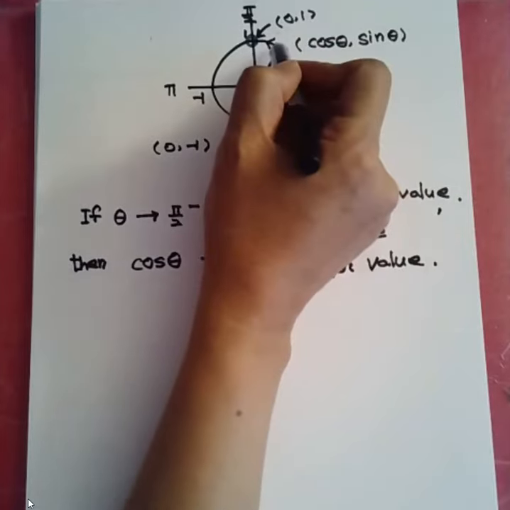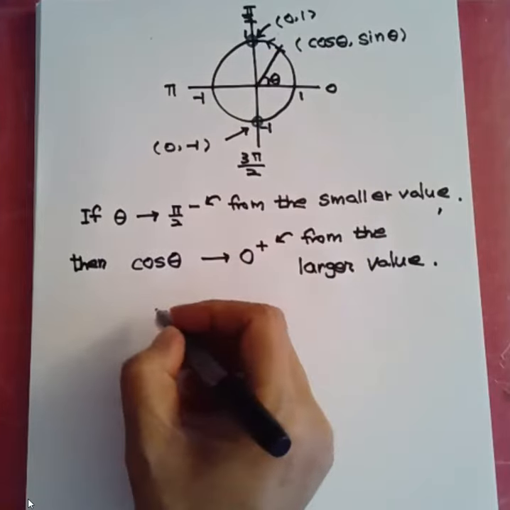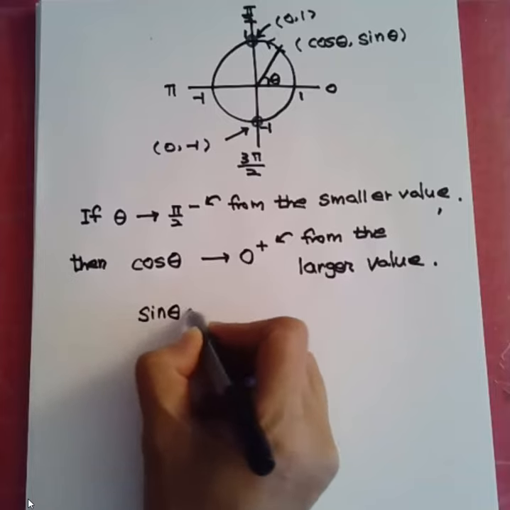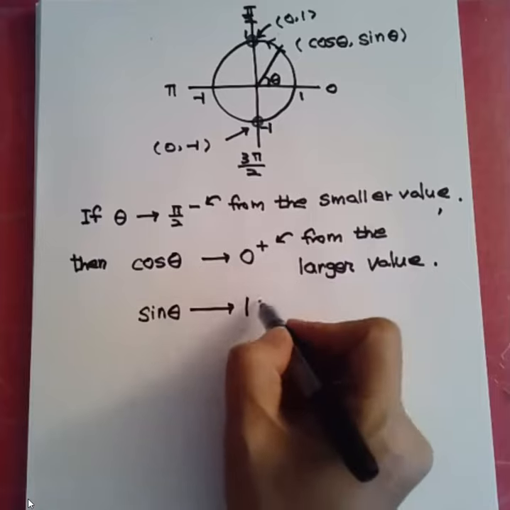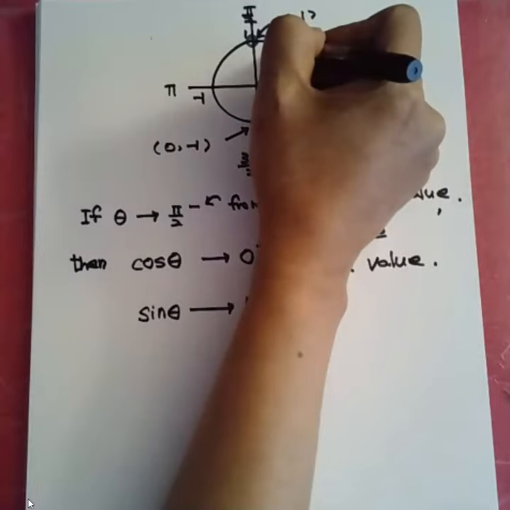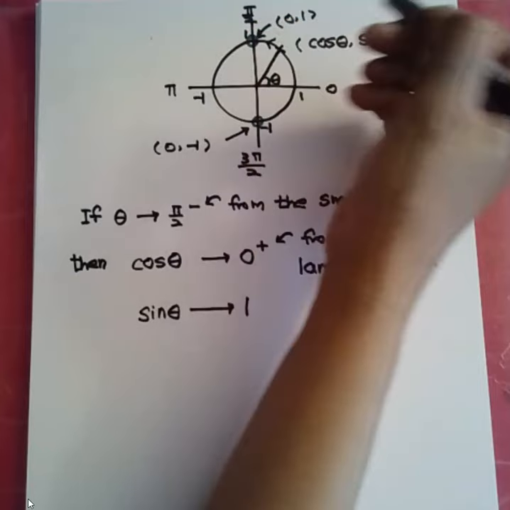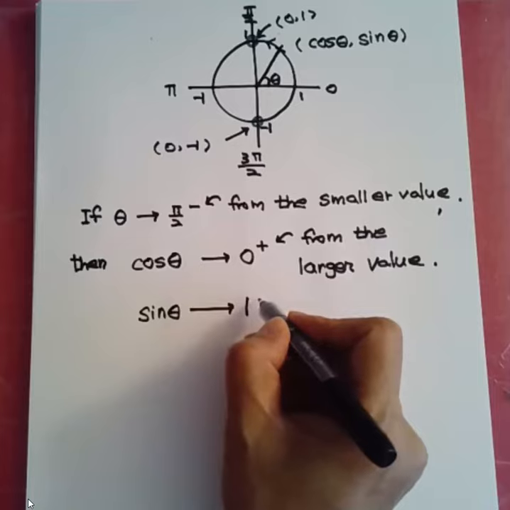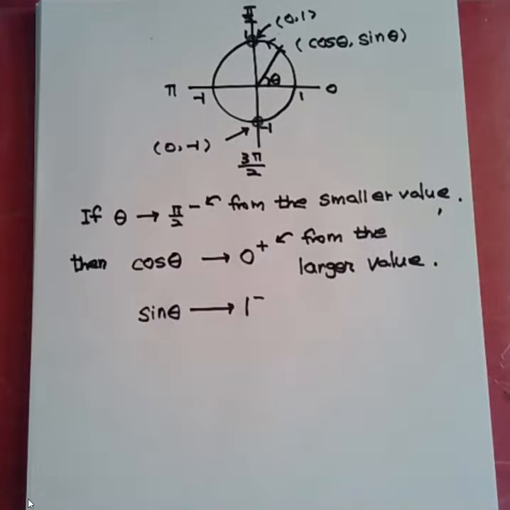So it approaches 0 from 0 point something, but it never becomes 0. If we observe sine of theta, sine will approach 1. As we move toward pi over 2, the y value increases and gets closer and closer to 1, but this time it is from the smaller value.